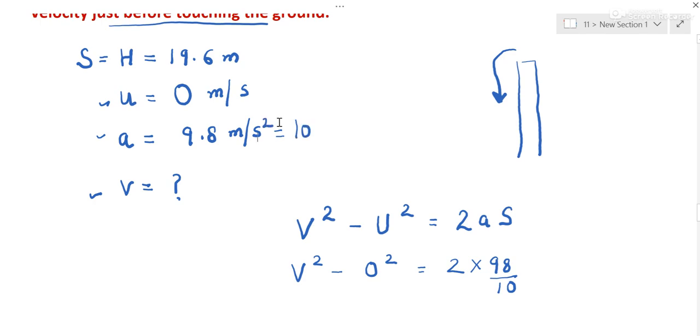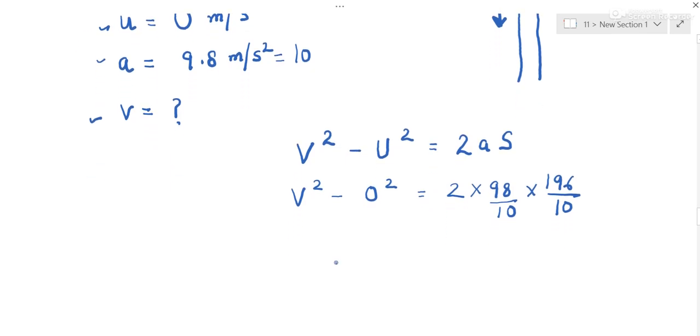Whichever is convenient you take. So let us do it. V square is equal to 2 into 98, 196 can be written as 98 into 2, and then it is 10 into 10.